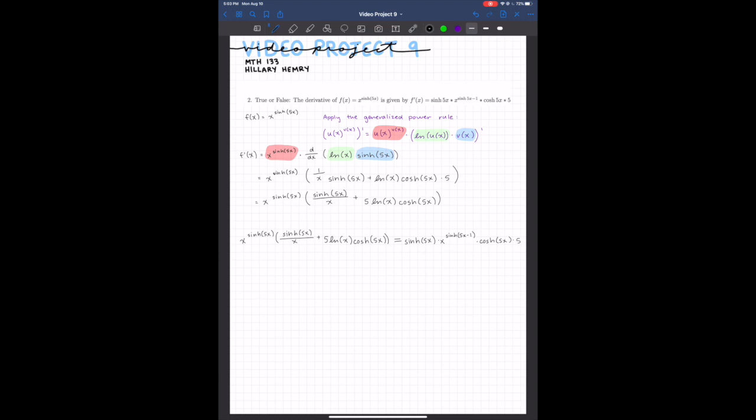So after looking at the two of these next to each other, we can clearly see that they are unequal and that the answer to this true or false question is false.